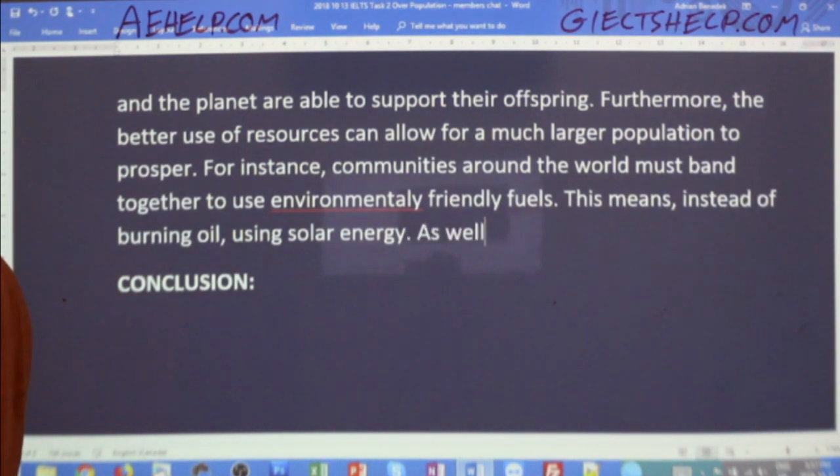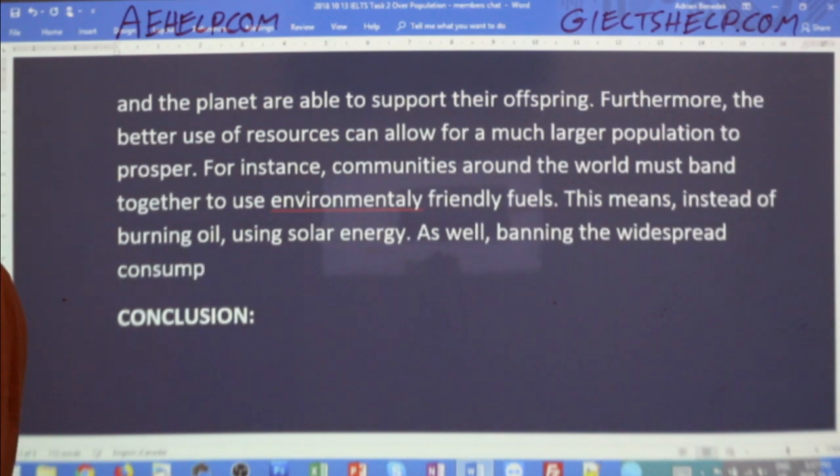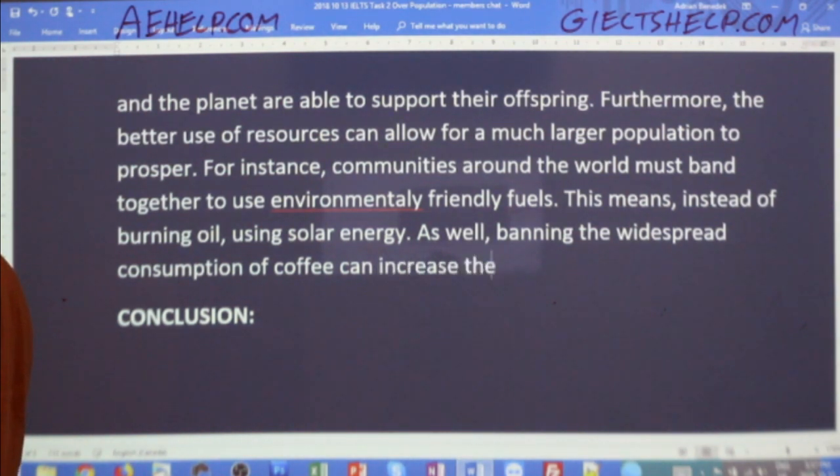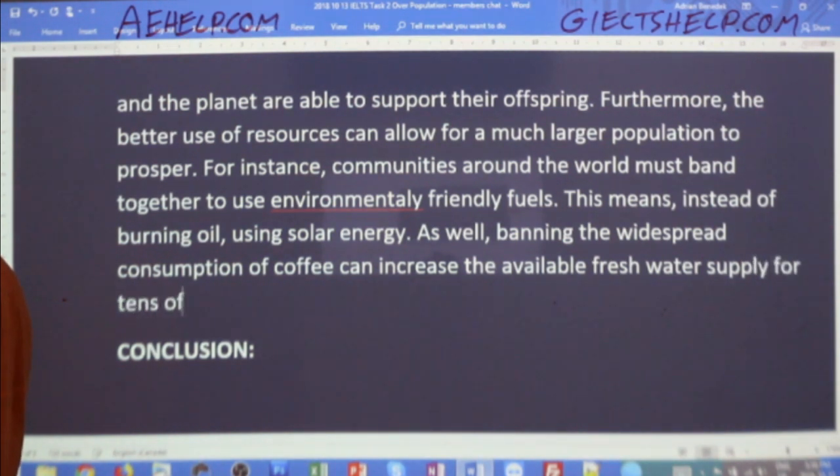As well, banning the widespread consumption of coffee can increase the available fresh water supply for tens of millions of people.